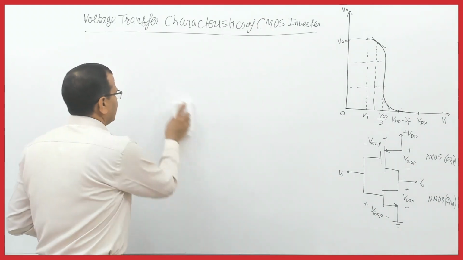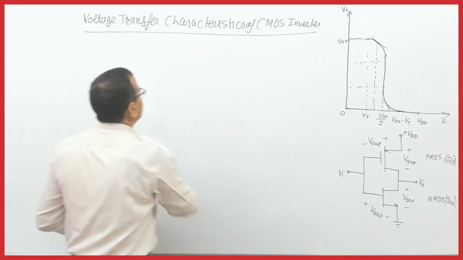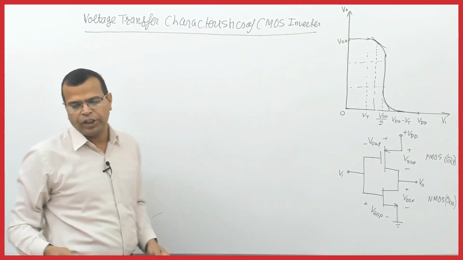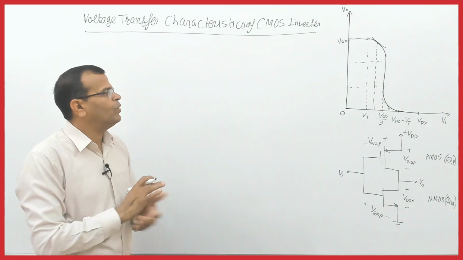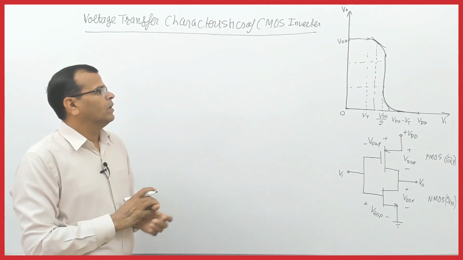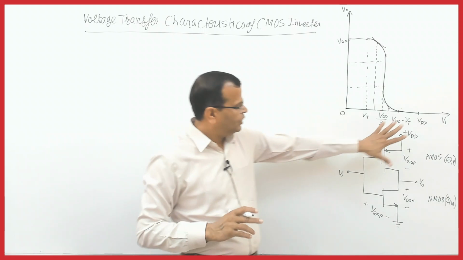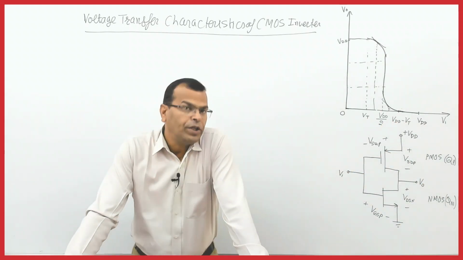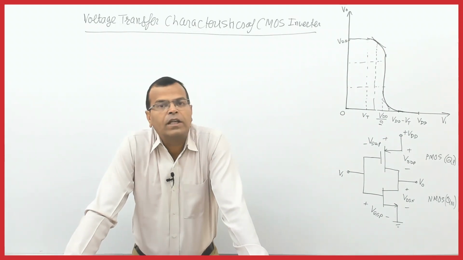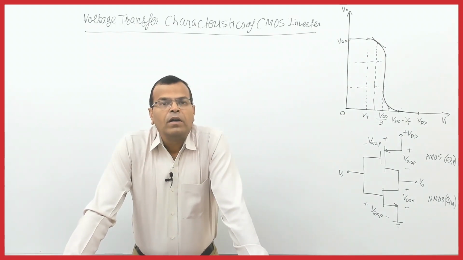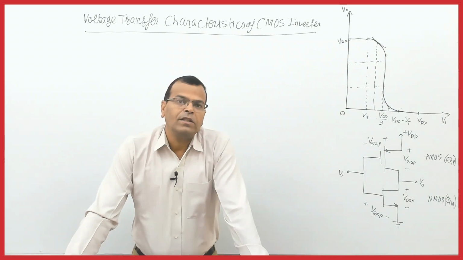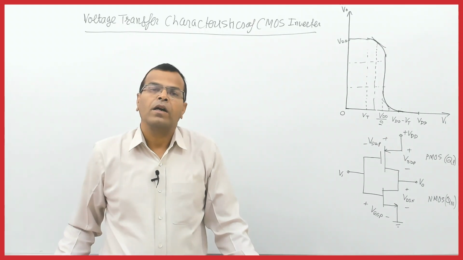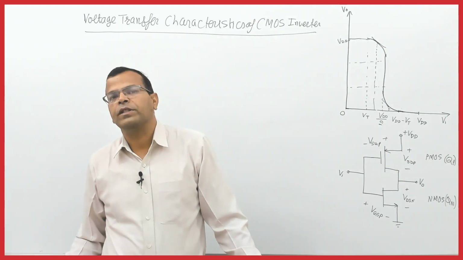So the first case is when input voltage is less than the threshold voltage. But before we go to that particular range of input voltage, we have the two transistors. In operation of the circuit, we have seen here the transistors are operated either in cutoff region or in ohmic region.